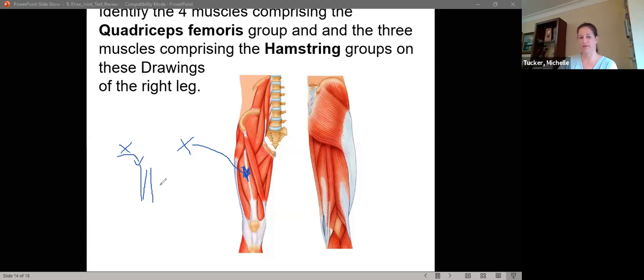You would say sternocleidomastoid. And then what is an antagonist? And you'd also need to provide trapezius or splenius capitis.